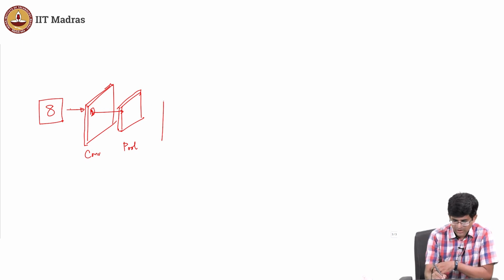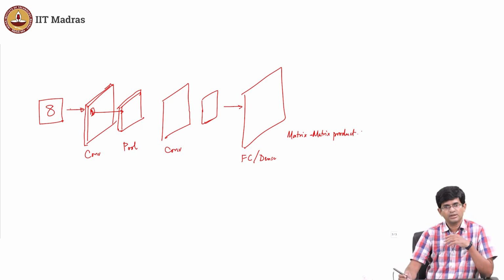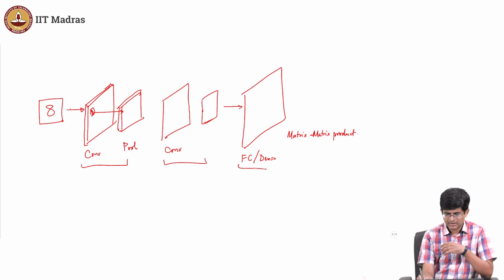Then I have another convolutional layer. Again I have some pooling. Then I have something called a fully connected layer. And in the fully connected layer, this is almost like a huge matrix product. Bottom line is each of these involves some computations.